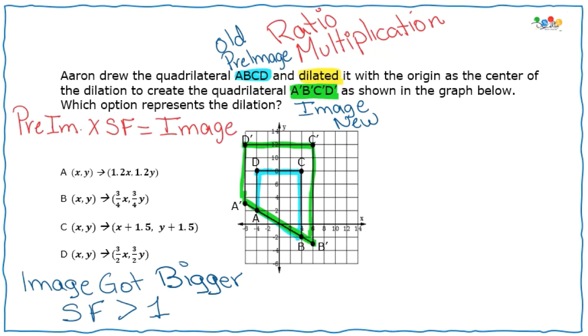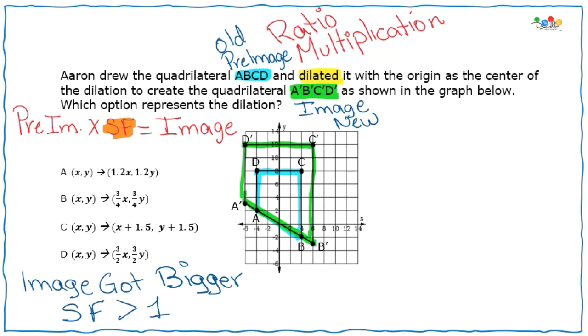Now, in this case, I do not know the scale factor, right? That's one of the things that I need to do. So I need for you guys to think about a little bit of algebra. If I want to find the scale factor, which is right here, this is my scale factor that I'm looking for. I will need to actually divide both sides by the pre-image.